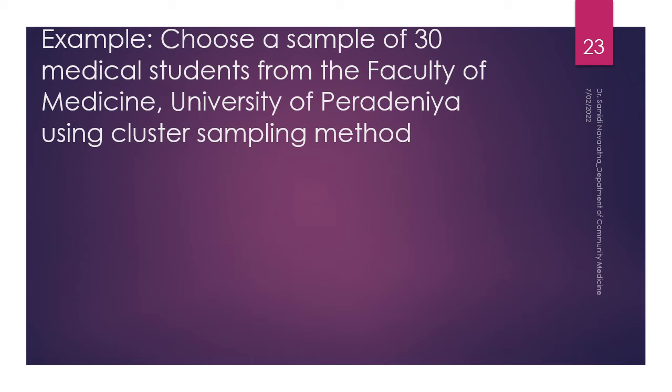Let's say we are going to consider one batch as one cluster. So there are 5 such clusters, and we will take an equal number of medical students from each batch. So we'll be taking 6 students from each batch. So that is what you have to understand. That is how you do the cluster sampling method.